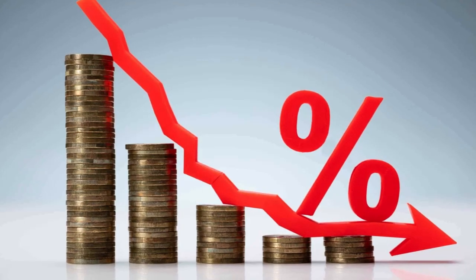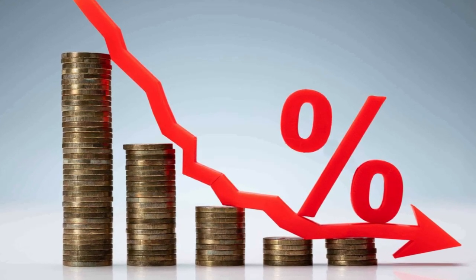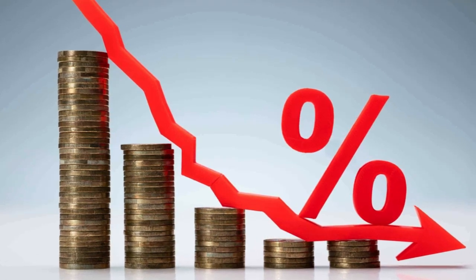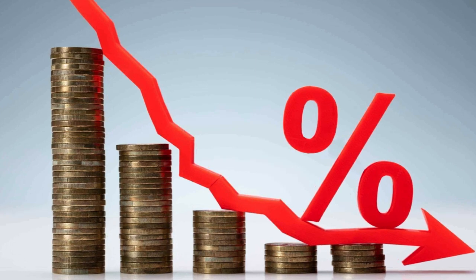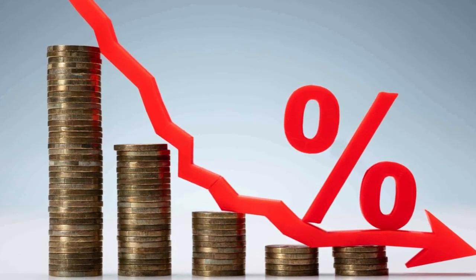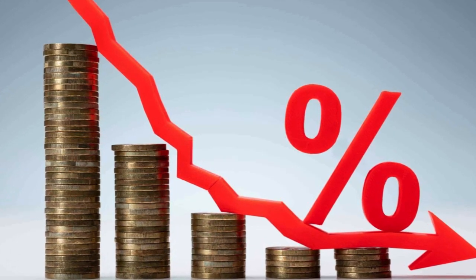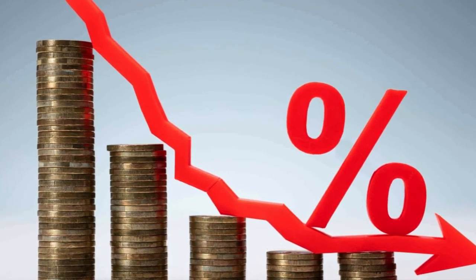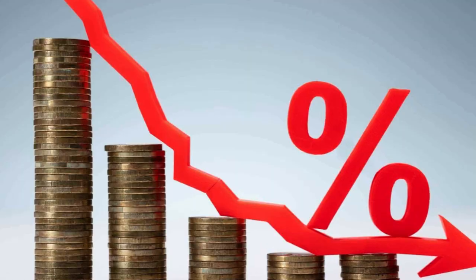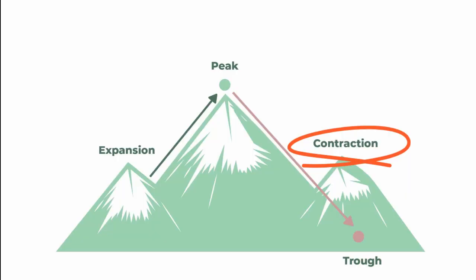One strategy that investors can adopt is to invest in assets that may benefit from a reduction in interest rates. When interest rates are lowered, the cost of borrowing becomes cheaper, which can stimulate demand for certain sectors, such as real estate and construction. Additionally, companies with low debt and strong cash flows may be well positioned to benefit from the fall in interest rates.